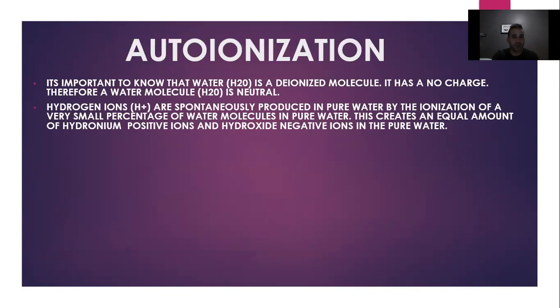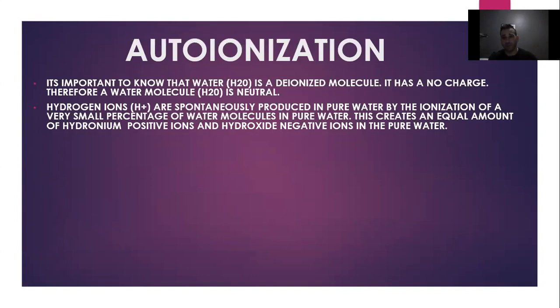Hydrogen ions, H+, are spontaneously produced in pure water by the ionization of a very small percentage of water molecules. This creates an equal amount of hydronium, positive ions, and hydroxide, negative ions, in the pure water. So that's what we just discussed.